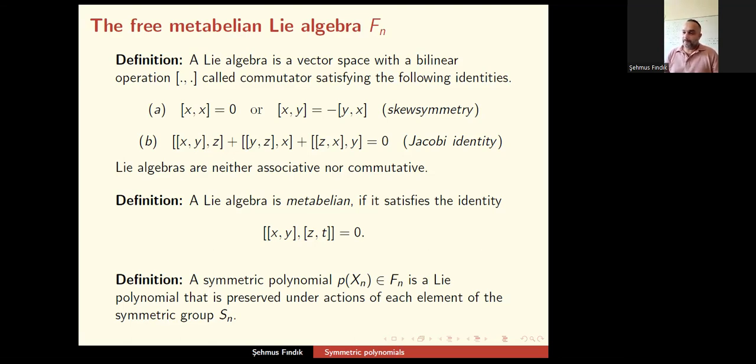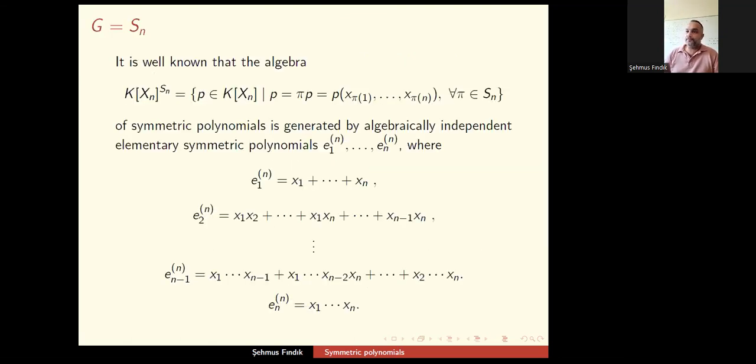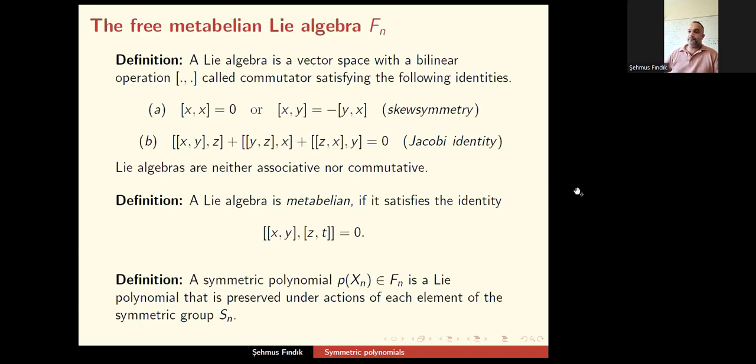When you go back, you see that a polynomial is called symmetric when it is preserved under all permutations of its generators. The same definition holds here: a polynomial P in F_n is a symmetric Lie polynomial if it is preserved under the action of each permutation.